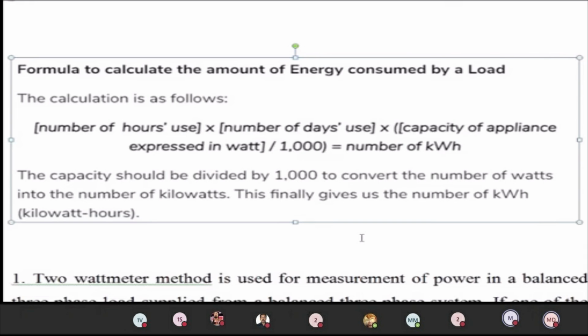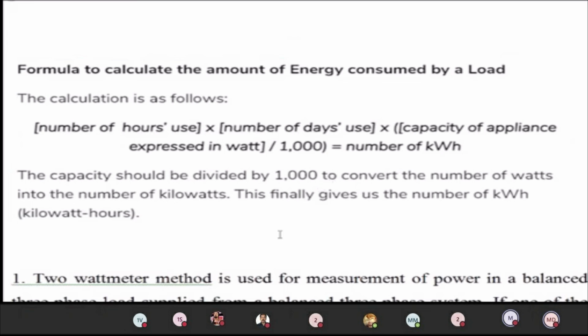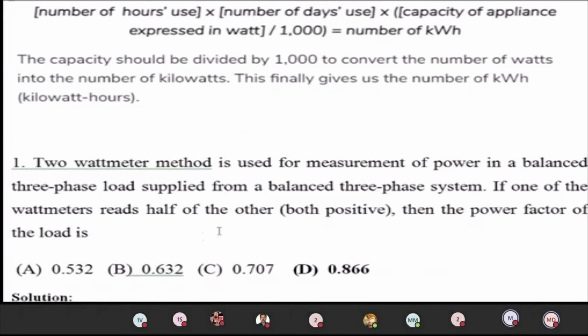That kilowatt stands for the power consumed and hour is with respect to time. So the capacity should be divided by 1000 to convert the number of watts into kilowatts. This is a basic thing that as an electrical engineer we should know. Okay, with this basic concept we can try to solve some problems which have been asked in the GATE exam.